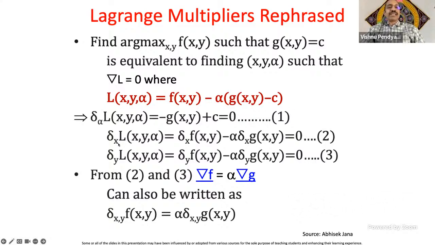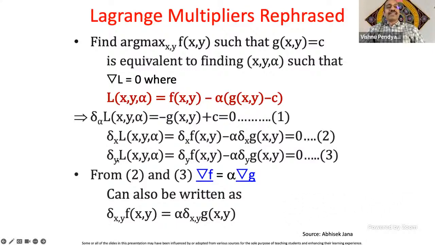Now the second equation is when we take the partial derivative with respect to x. Remember x is appearing in both the terms except for the last term. So we get the partial derivative of f with respect to x minus alpha times the partial derivative of g with respect to x, and equate that to 0.